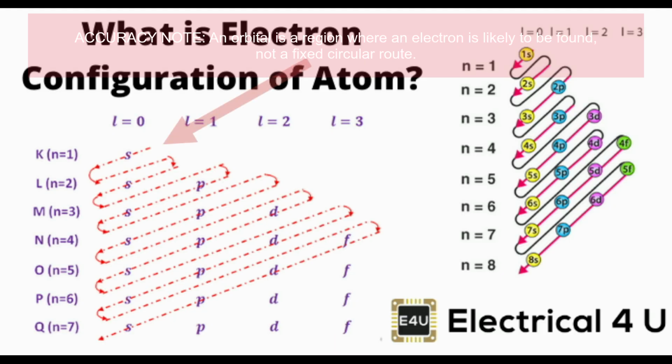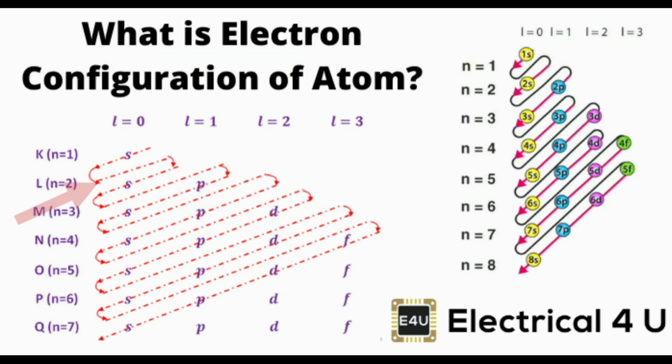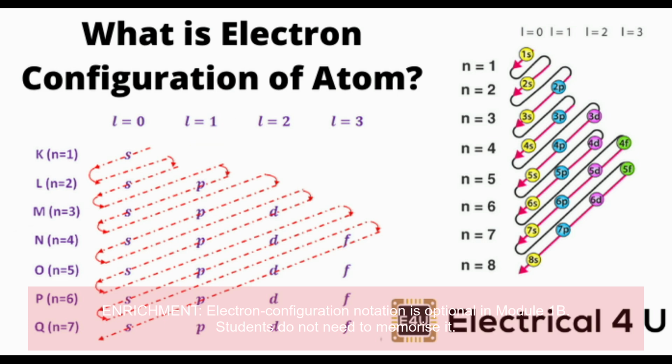So if you want to describe the electrons, the different orbits, you start with the S, you follow this red arrow. Then you go up again, then you count down, you see another S, you go up, you count down again, you see the P, and then S. Then when you go up again, you follow this red line to see if it is the S, the P, or the D you fill.